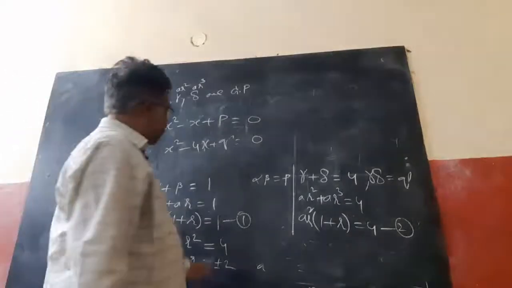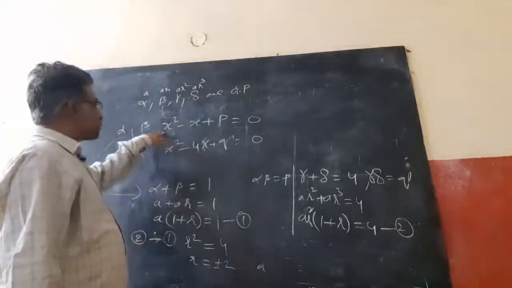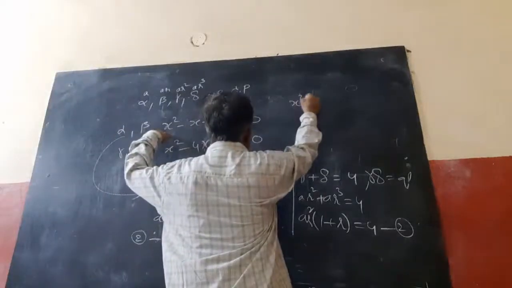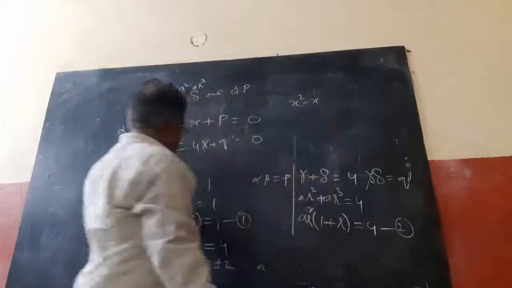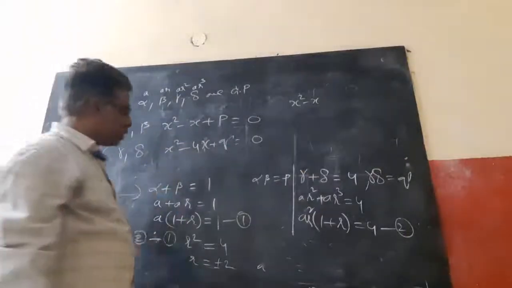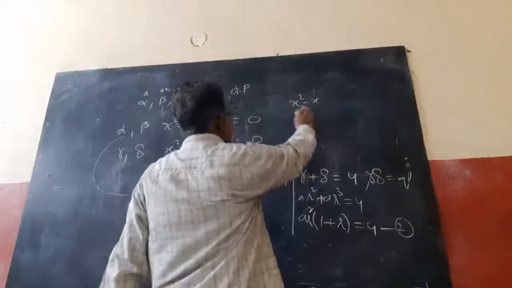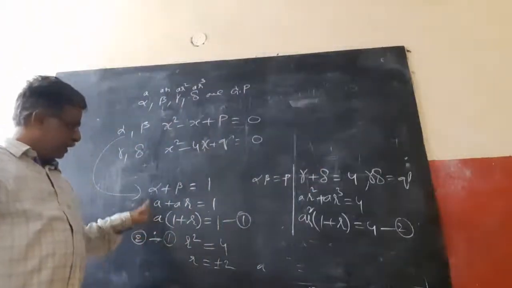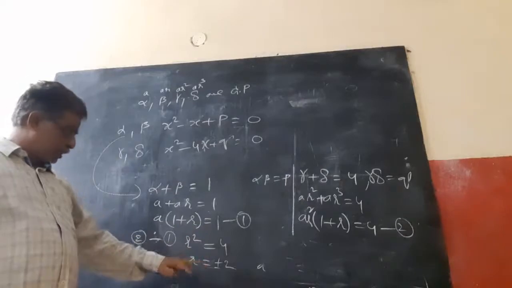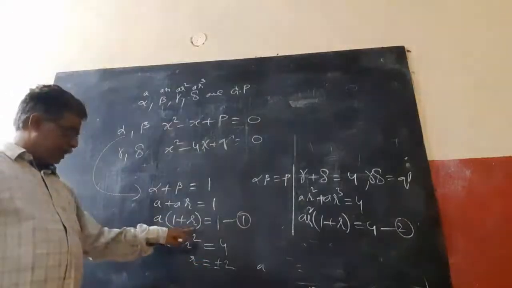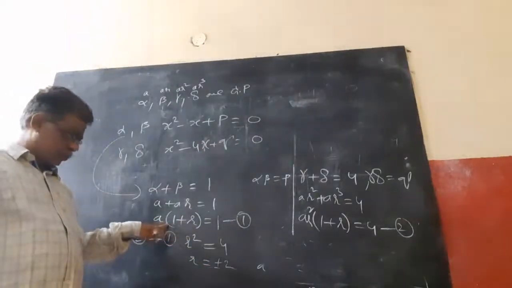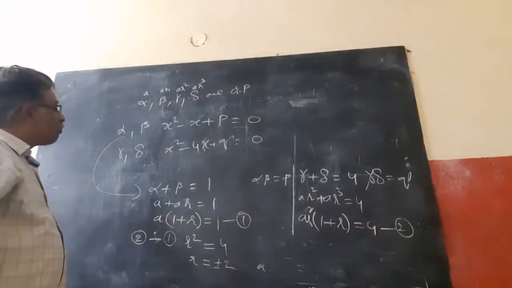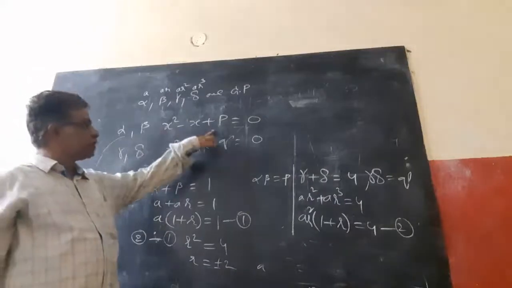Now if R is 2, first we will find one thing, p. If R is 2, we need to find A, then we can find the roots easily. If R is 2, I will substitute here, 2 plus 1, 3, A equal to 1 by 2. 1 by 2 is the root of this equation.